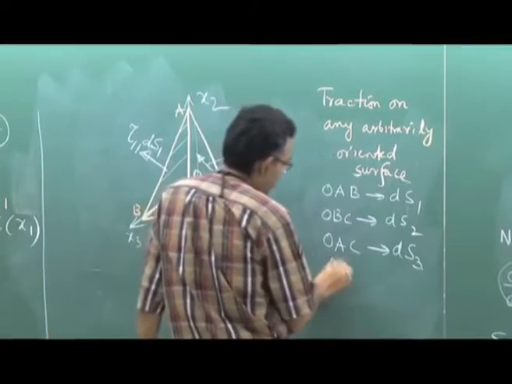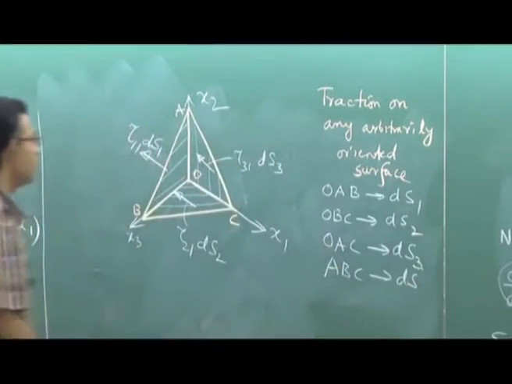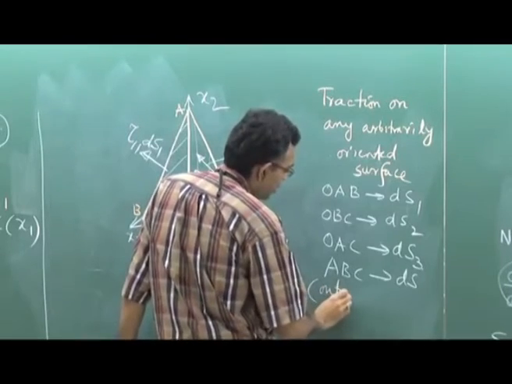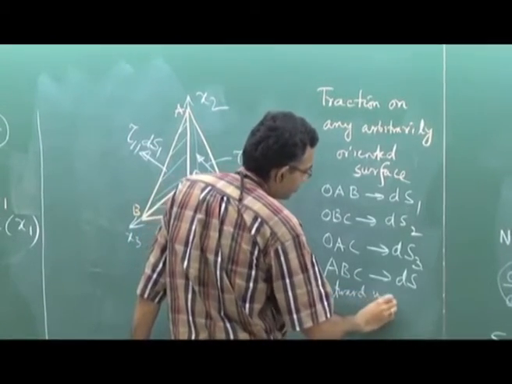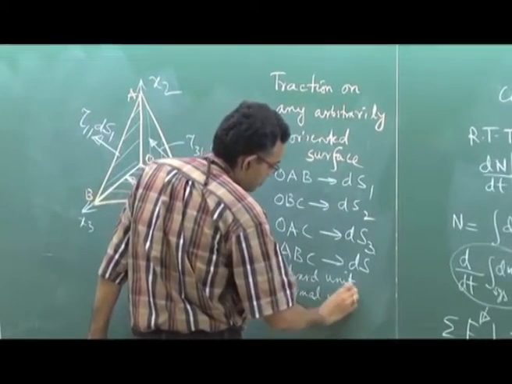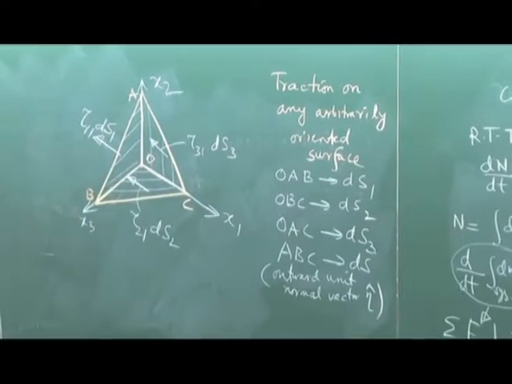And let us say the area of ABC is ds, and ABC has outward unit normal vector eta.